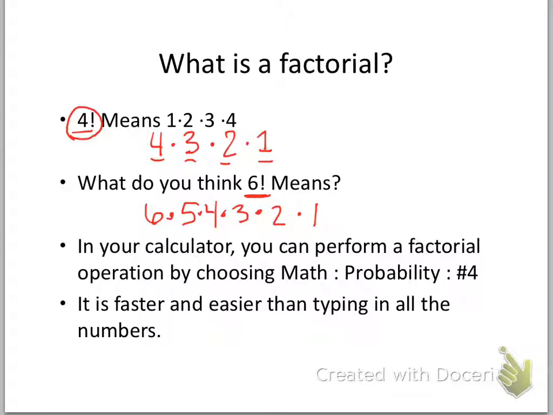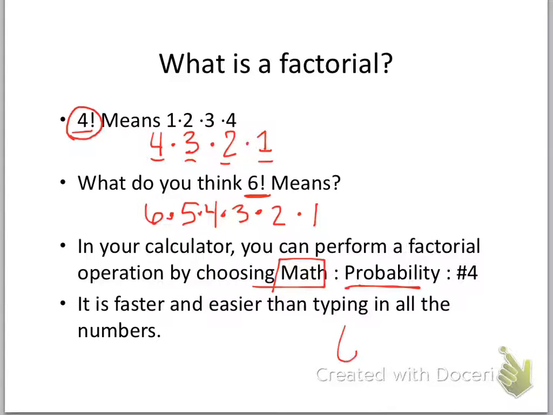So how do we use this new math operation? Well, you can perform a factorial by choosing the math button on your graphing calculator and then going over to the probability menu and then choosing option number 4. Now, that will put the exclamation point in there.